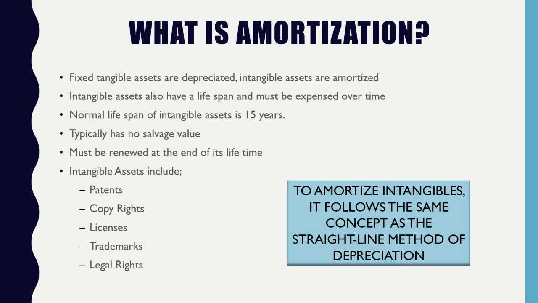You're only adding value to the very beginning of its life. Once it expires and it's at the end of its life and you decide to renew its license, then you determine whether it's worth more money and you should add more money to it or not. Okay? So in this case, no salvage value. It ceased to exist because licenses expire. Okay? You can only renew it.